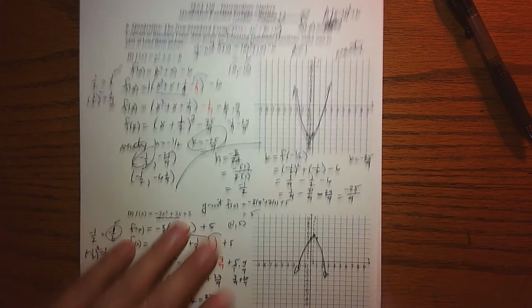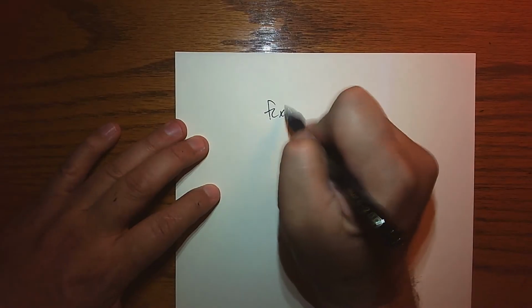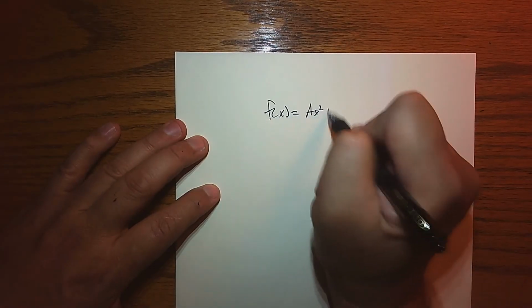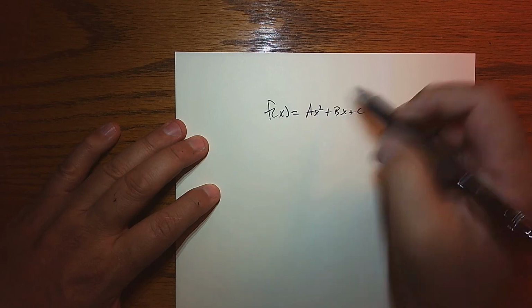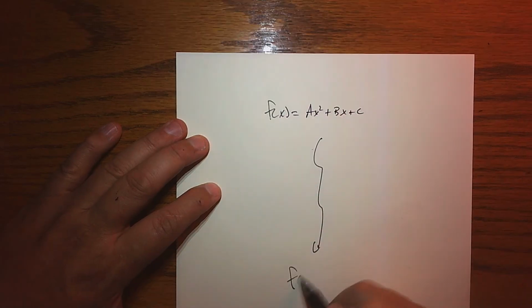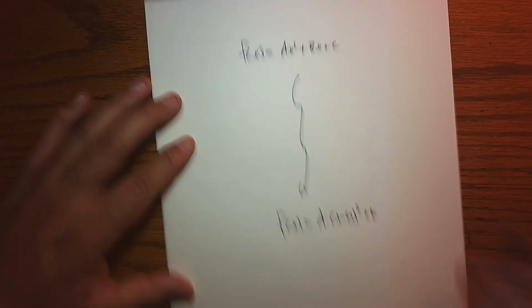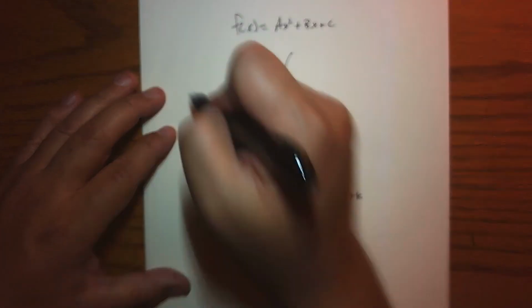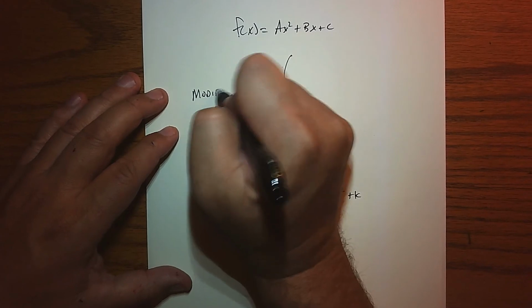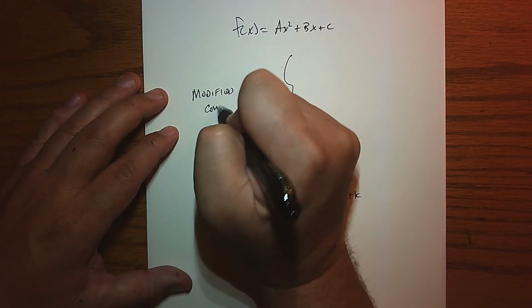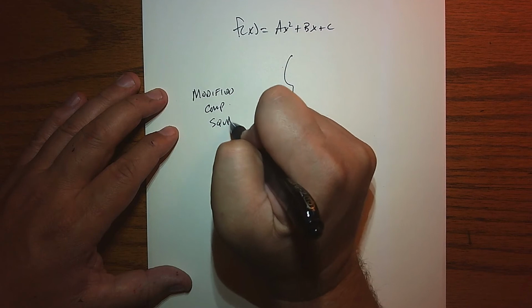So again, to summarize what's happening here: when we start off with something that is in general form, what we want to do is convert it to the easier standard form. And we have two ways to get there. There's the modified completing the square to get the job done.